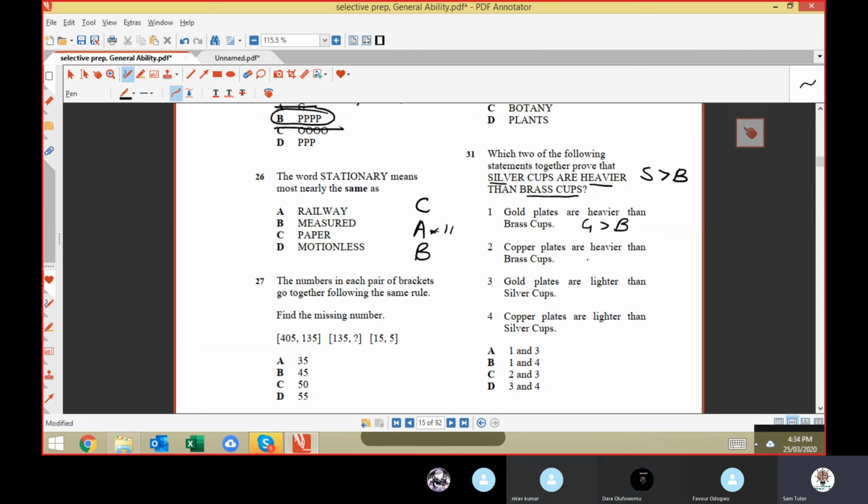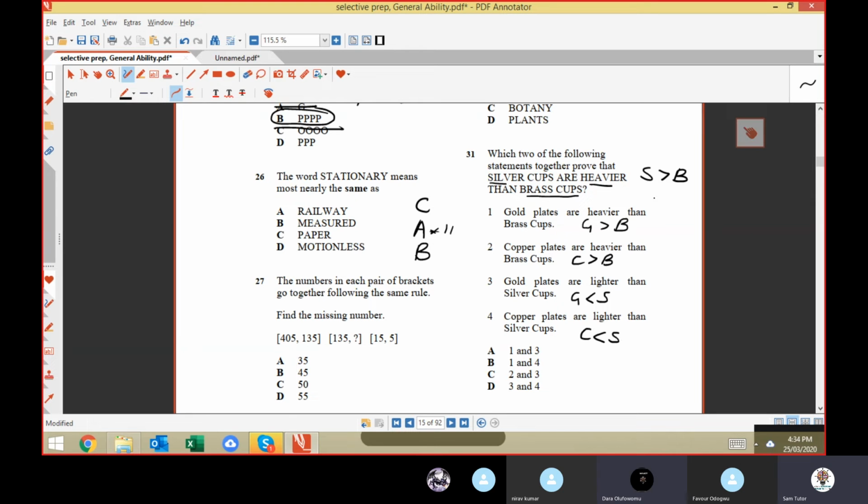This one says copper plates are heavier than brass. Copper is heavier than brass. Gold plates are lighter than silver cups. So gold is smaller than silver. Copper plates are lighter than silver cups. So copper is smaller than silver.